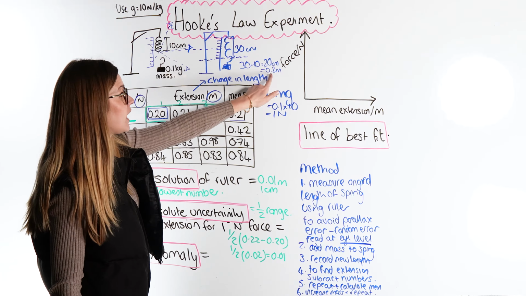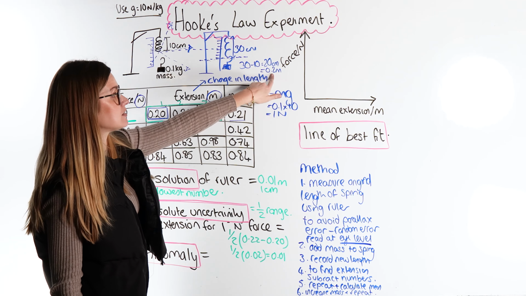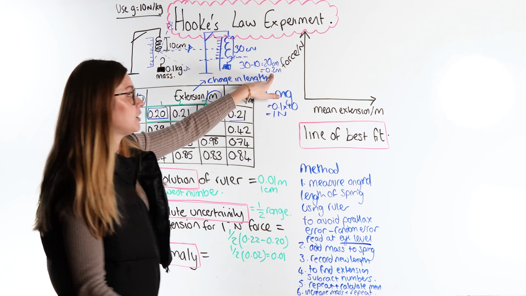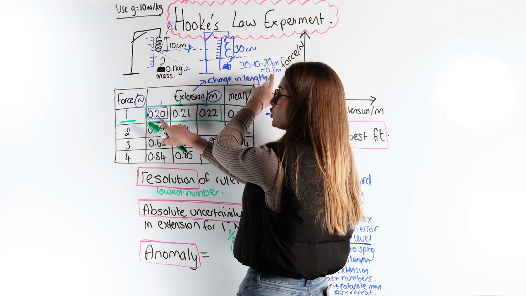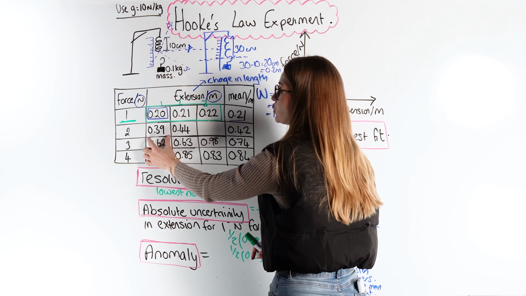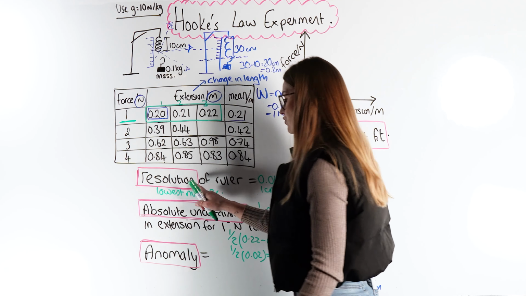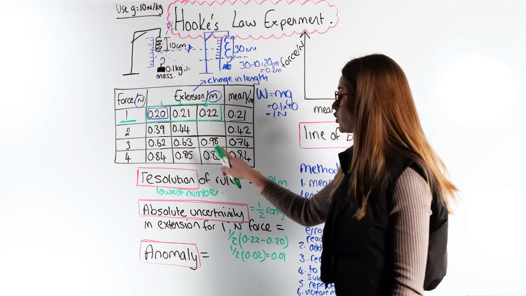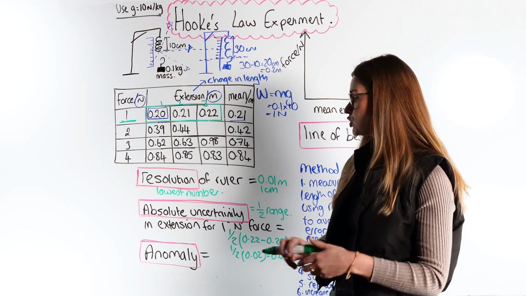And the reason why I said here that 20 centimeters is 0.2 meters, but you can see in the table I wrote 0.20, is because all of my data in this table needs to be recorded to 2 decimal places because of the resolution of my ruler. Okay, so we make sure all of our data is recorded the same way to 2 decimal places.